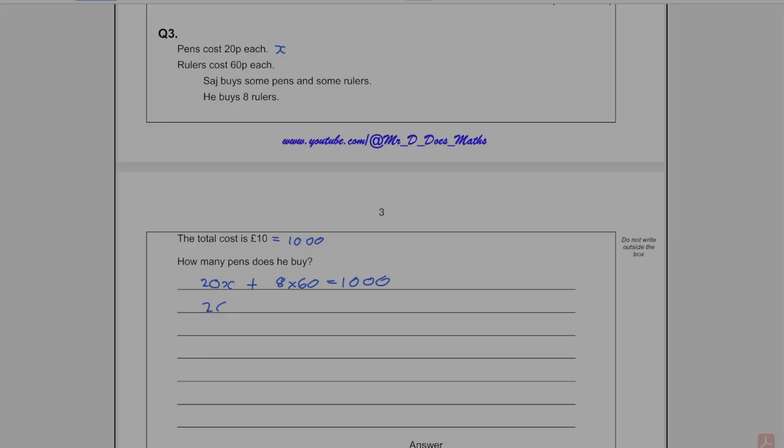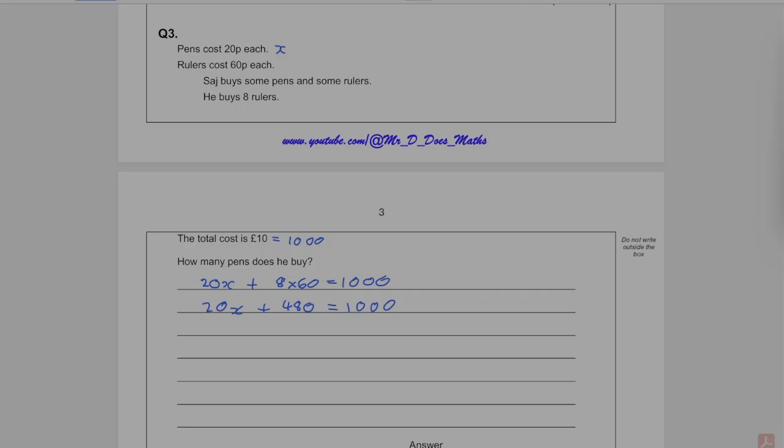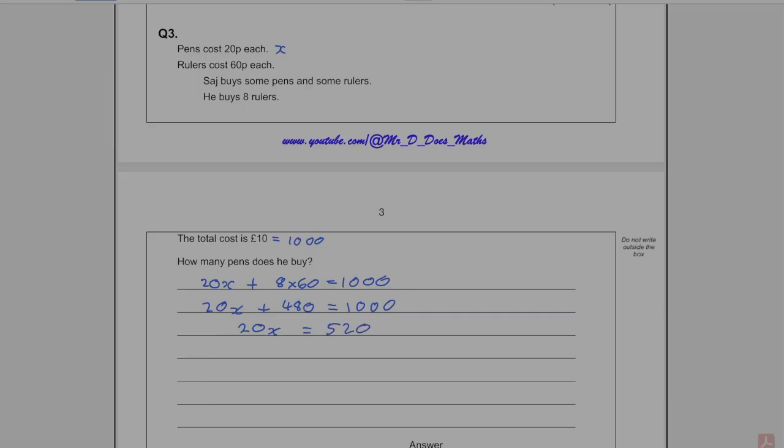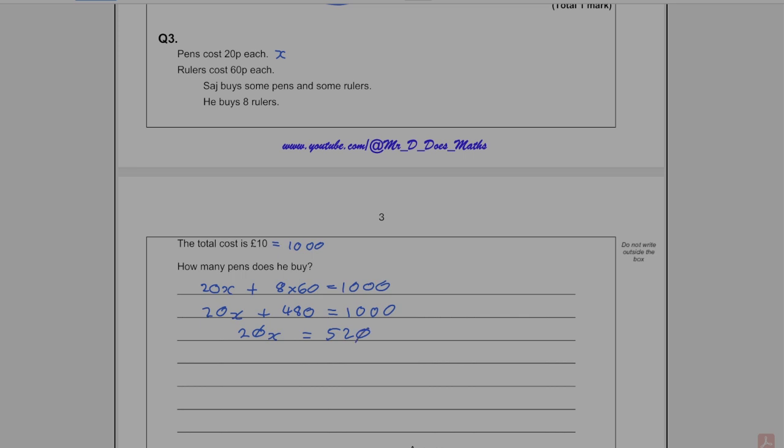So that means that 20x plus 8 times 6 is going to give us 480, and that's equal to, sorry, 1,000. So if I minus 480 from both sides, I would get 20x is going to be equal to 520. And then if I divide both sides by 20 or divide both sides by 2, we'd get x is equal to 26.